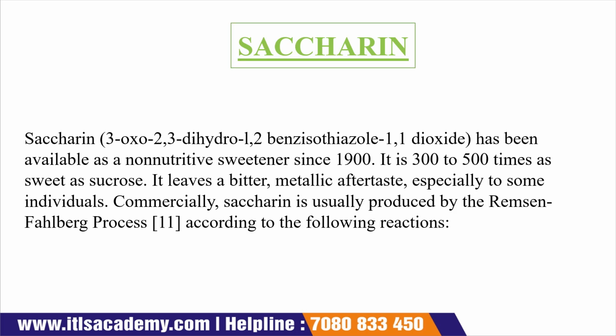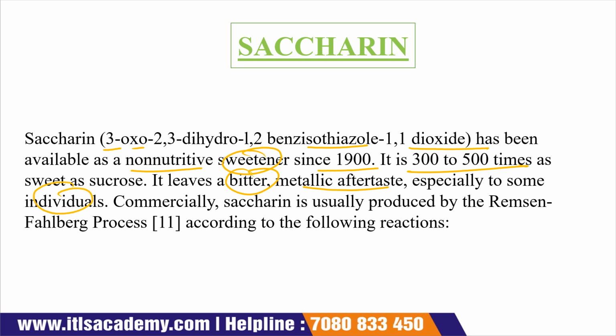Next is saccharin. Saccharin is also known as 3-oxo-2,3-dihydro-1,2-benzisothiazole 1,1-dioxide. It has been available as a non-nutritive sweetener since 1900, and it is 300 to 500 times sweeter than sucrose, and it leaves a bitter metallic aftertaste, especially if we use it individually.